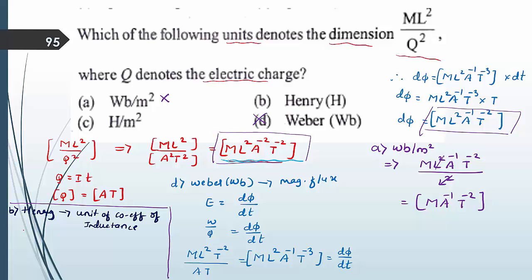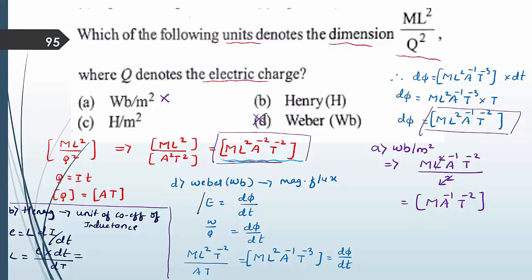We have the equation E equal to L into di divided by dt. This equation I am going to use here. L equal to, this equation can be written as E into dt divided by di. See here, E has the dimension, we already got its dimension here, you can observe.